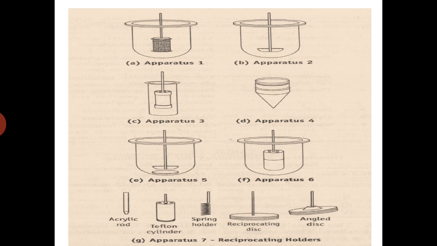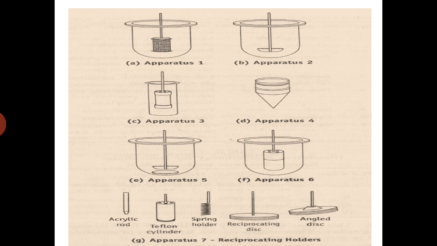The previous one, the basket, is rotating. Here, instead of the basket, it is a cylinder that makes an up and down movement. The basket you have seen is made with a mesh. The cylinder here is bigger than that of the mesh.